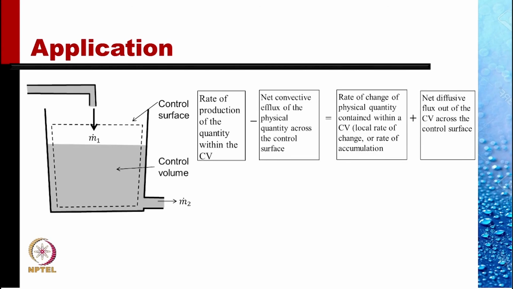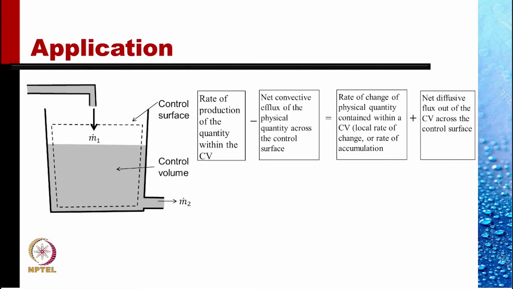We apply this to a system in which we have a container in which the mass is coming in at the rate m1 dot, and the mass is leaving at the rate m2 dot. The control volume is defined as the volume enclosed by the broken line. The broken line itself represents the control surface.